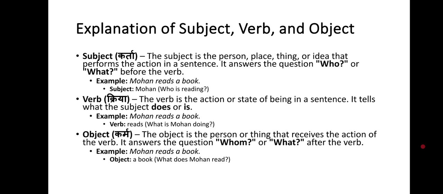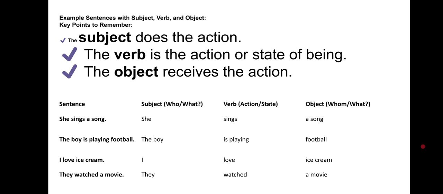Here it is clearly mentioned that the object is used after the verb. So a book is the object here. What does Mohan read? It's a book. So book is the object here.